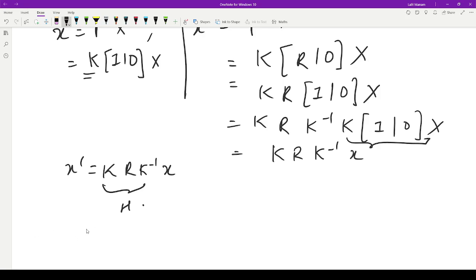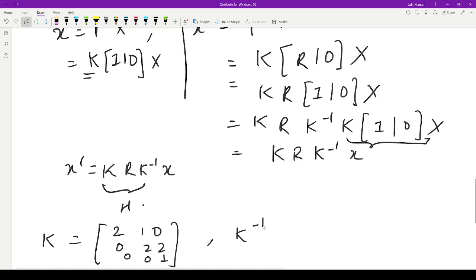So there's nothing much to this question. We just try to place this formula out there. K is given as 2.0. If you are given K like this, you will obtain K inverse something like this.